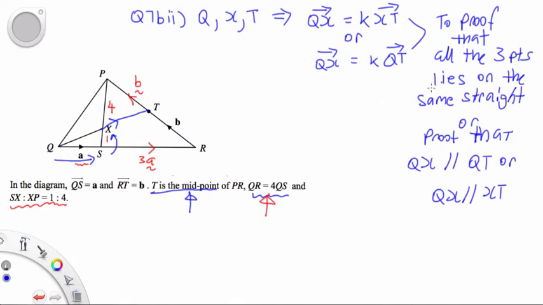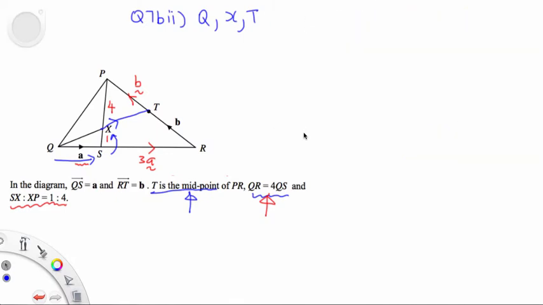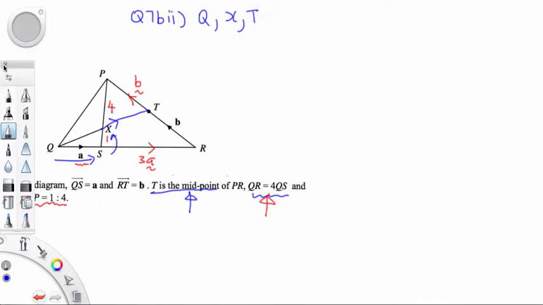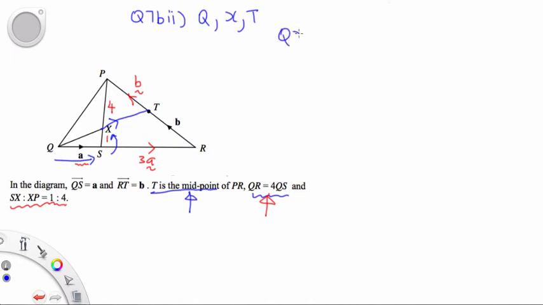So for this question, I will choose QX equals to K QT. Now, why do I choose these two? I choose these two because earlier question, they already asked you to find the answer for vector QX and QT. So I make use of what I have already been given and what I have already found. So substitute your answer for QX.